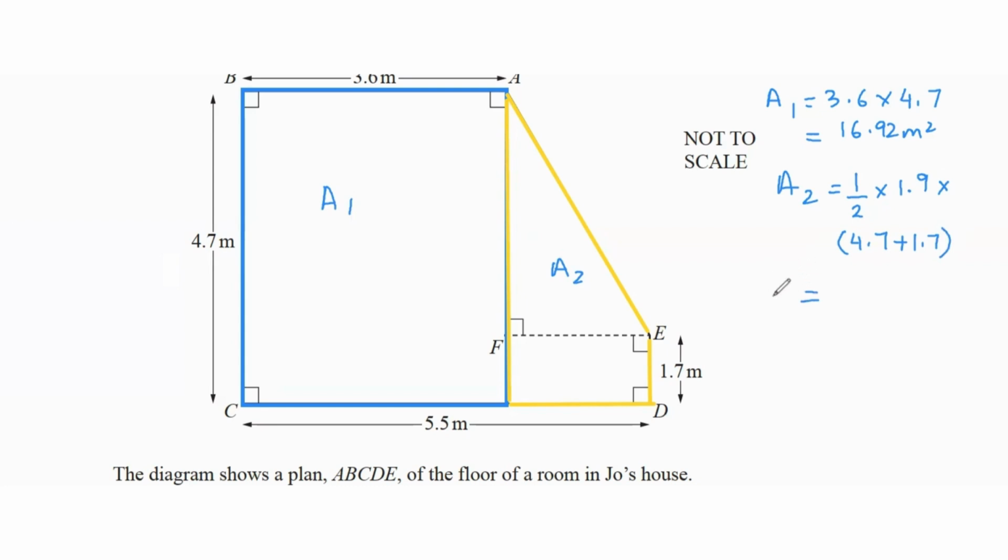And that equals 6.08 meters square. So total area is the sum of A1 and A2, which is 16.92 plus 6.08. And that is giving us 23 meters square. That's your answer.